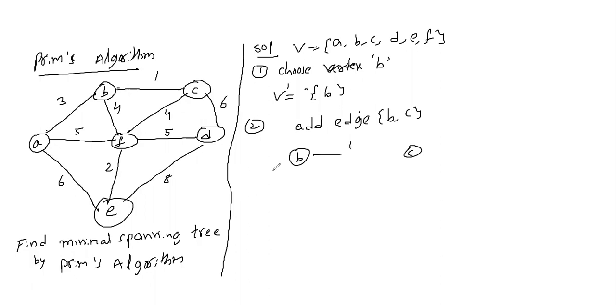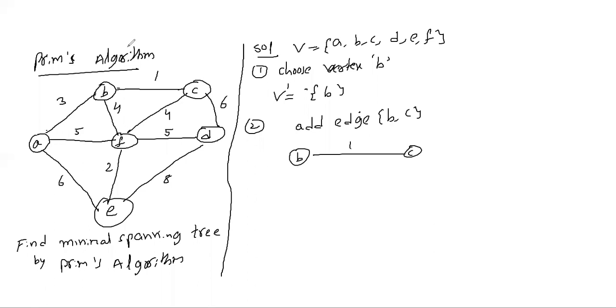Next, in the second step, after getting the BC edge, you again check for both B and C. For both vertices, whichever weight is small, you add that edge. So when you come to B, listen carefully.